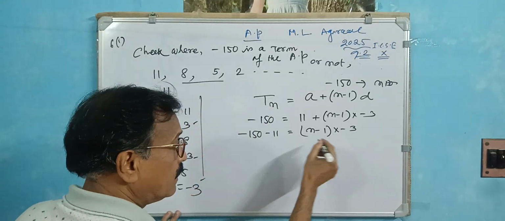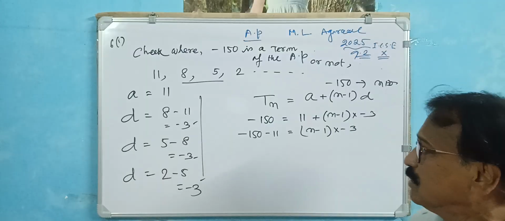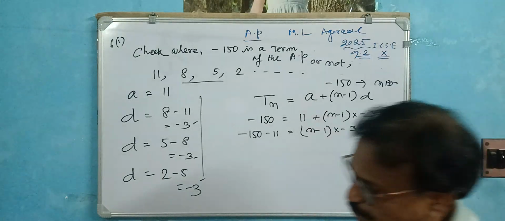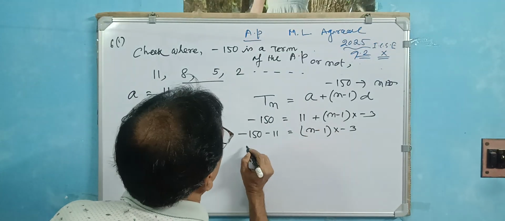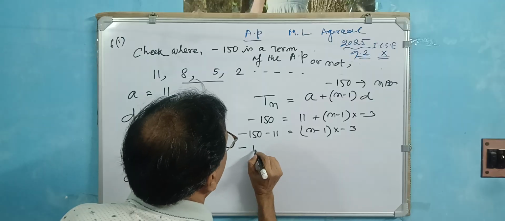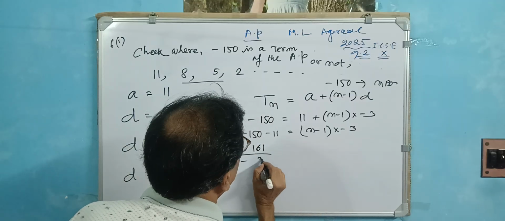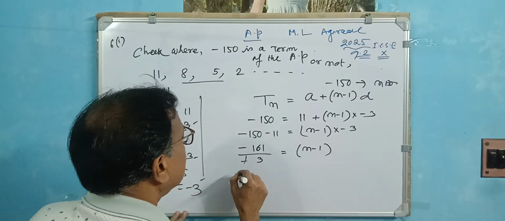The use of brackets is very important for proper calculation; calculation will not be incorrect if you use the bracket. So this is minus 161, be careful, and this is minus 3 into n minus 1. Minus minus cancels out.